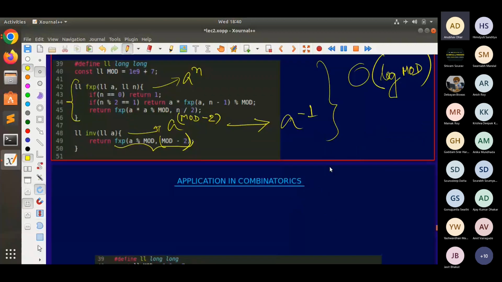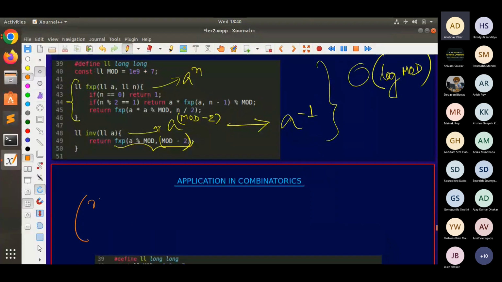Now in combinatorics, everyone knows one of these two notations, right? What does this mean? This is nCr, the binomial coefficient.